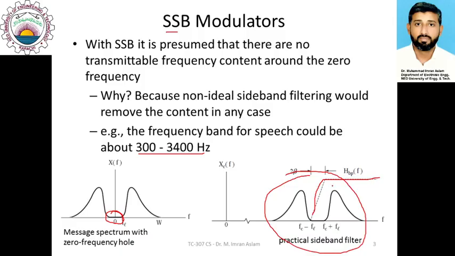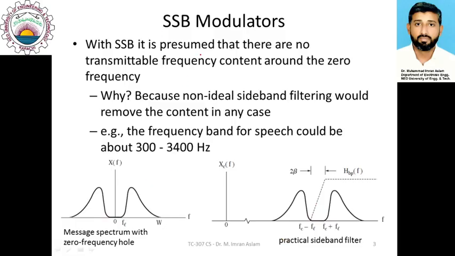So we can easily filter out one of the sidebands if there is no significant information content in the message signal. However, if there is significant information content in the message signal near zero frequency, like we get in TV signal, SSB modulators become inefficient because of this requirement of physical filtering. So that's why we need to use VSB modulation in that case, so that we do not suppress the information contents which are at relatively low frequencies.